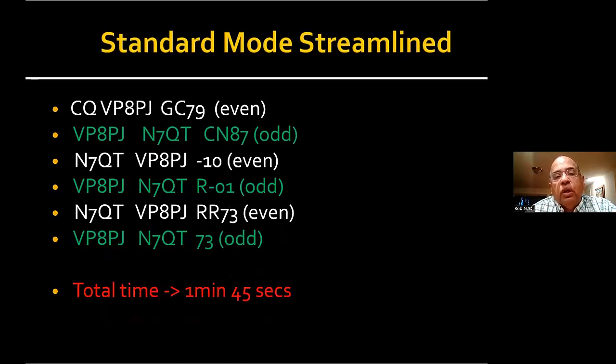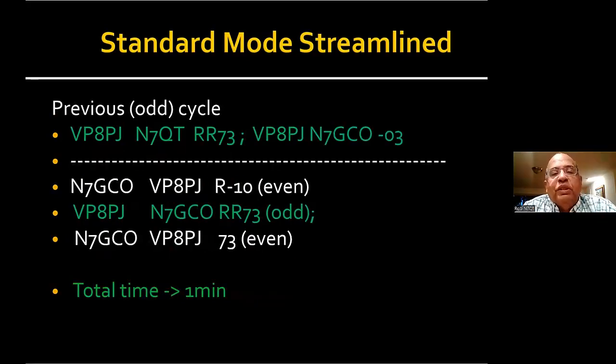The same sequence occurs in standard mode FT8 with the exception that VP8PJ concatenates the Roger and the Roger 73 into one event, so that we have now reduced 15 seconds off of the entire transaction. We have a very smart guy, Mel, N7GCO, who sends a signal report at the same time that N7QT is sending his Roger 73.